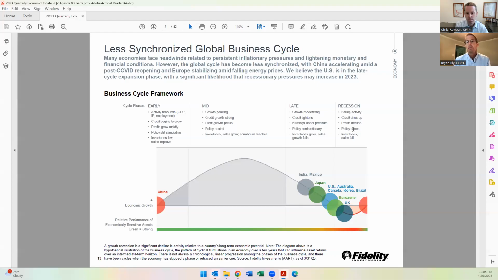So things have decoupled a little bit, but we'll see. As you can see from the cycle there, with China coming out, with the US anticipating to go in, UK and Eurozone maybe somewhat in a recession phase, overall things have decoupled a little bit internationally.